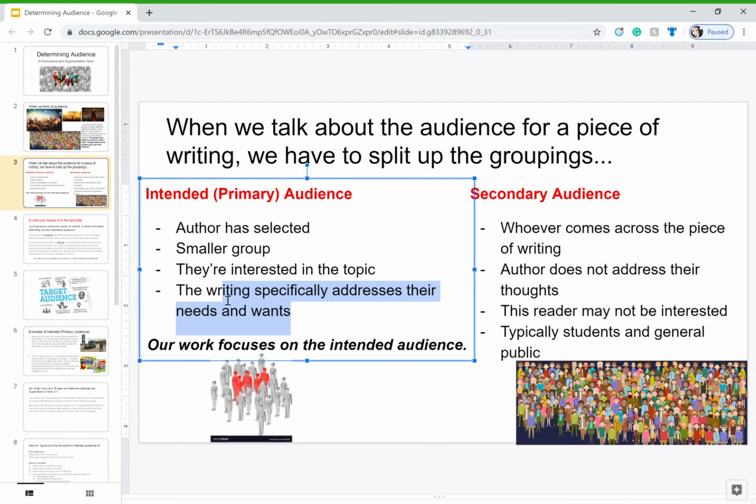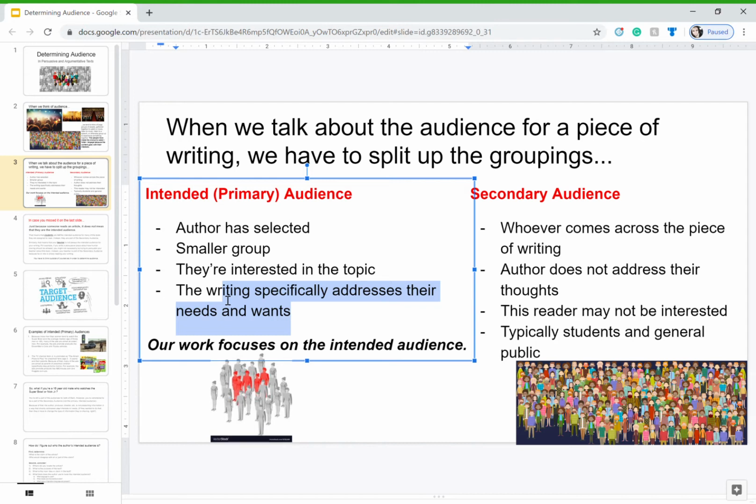Now, what does that mean, Miss LeJam? I don't get it. What that means is think of it as a consumer. If you were to go to the store and buy something, would you buy something that you needed and wanted and were curious about? And how would I know that you were curious, wanted, needed that object?